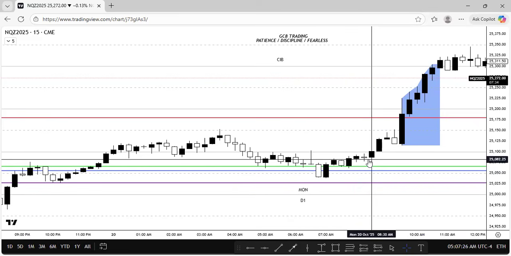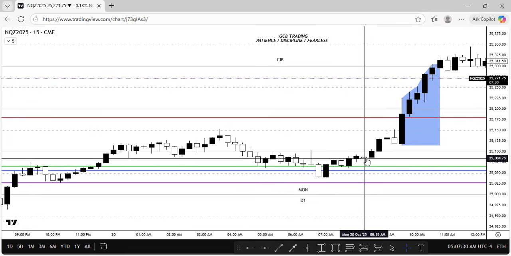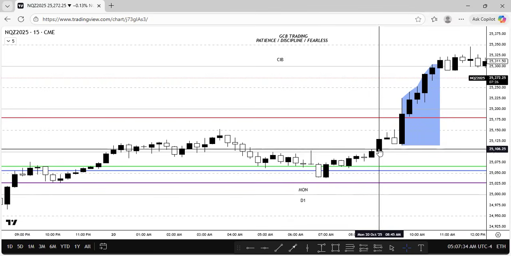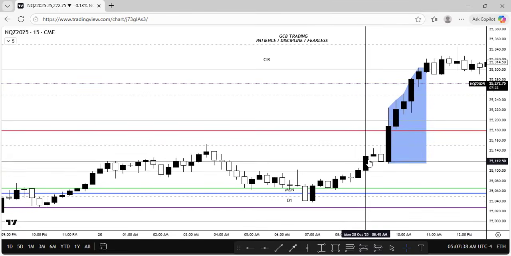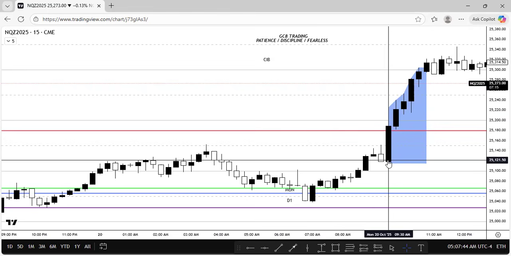Now, as we get ready to head into our New York session during that first hour, we can see the market starts to trend up. So we're exercising our patience. We're not jumping in early. It pulls back, and we're going to stay disciplined and wait until the 9:30 candle closes.